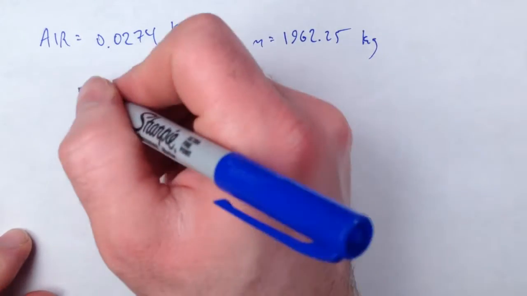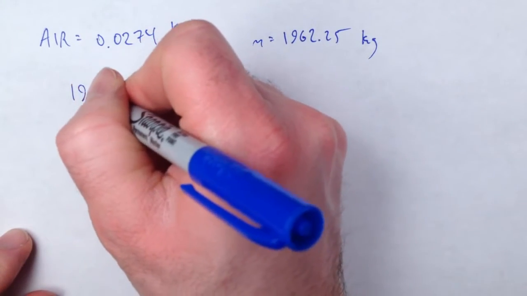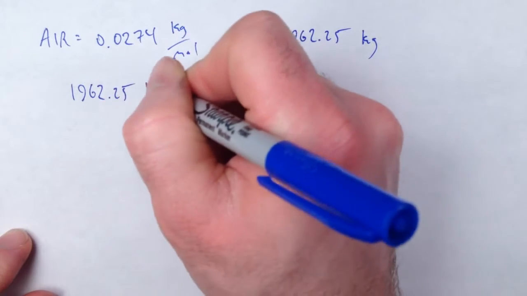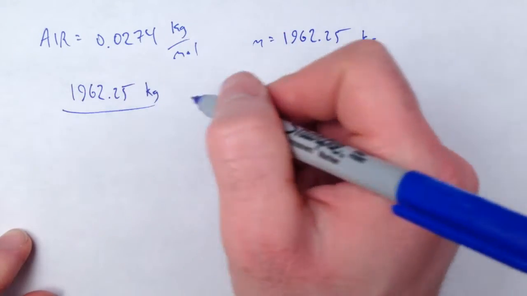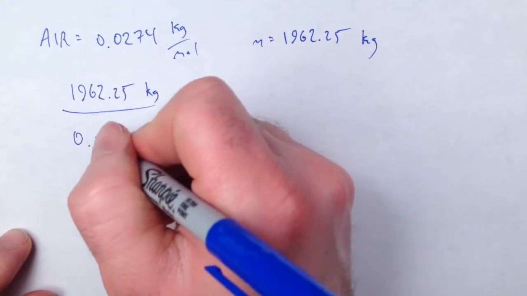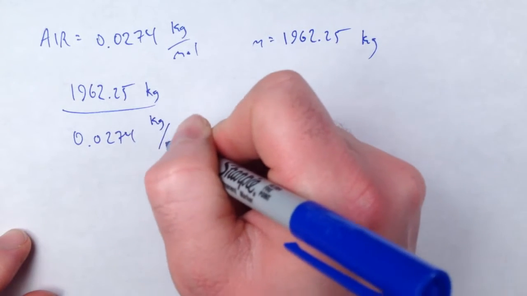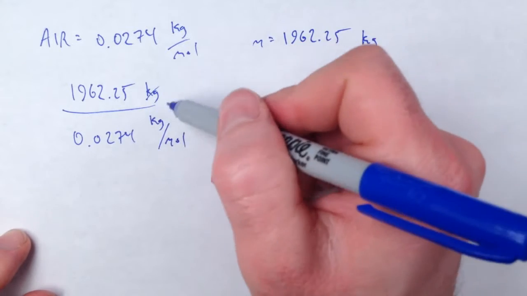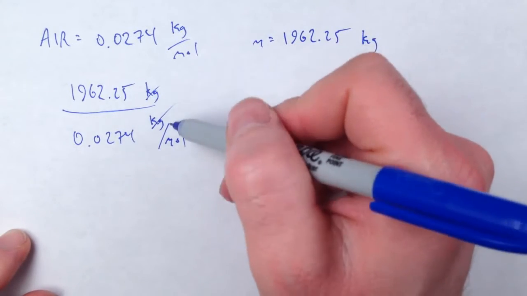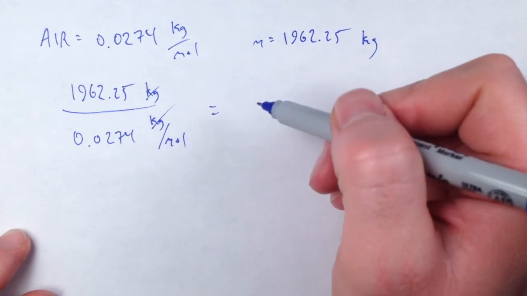So let me write this out so you can see the units cancel. 1962.25 kilograms over 0.0274 kilograms per mole. You got your kilograms canceling. You've got 1 over moles. That's going to come up in the numerator.